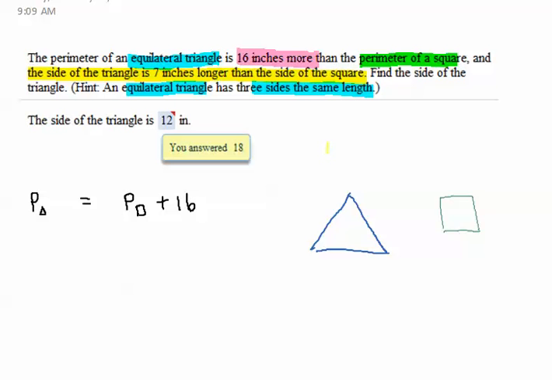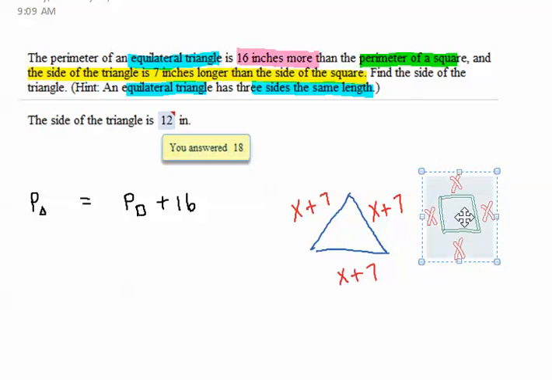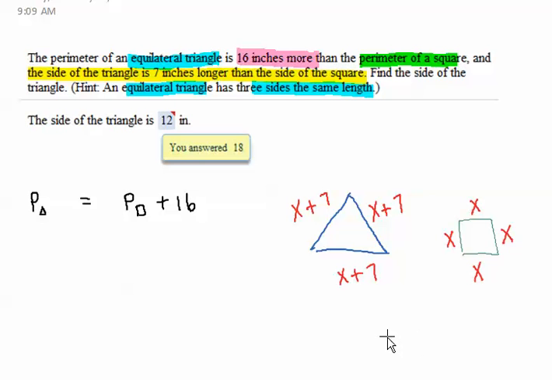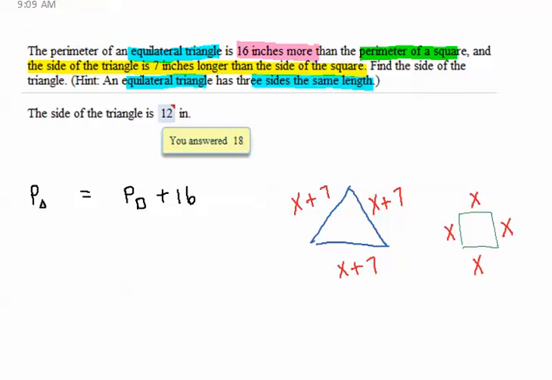You don't have to, but then I can go like this. I can label this x, and I usually like to label things by the smaller item, because then I label this one x plus 7. If I went the other way and labeled this one x, the side length of the triangle, then I'd have to label this x minus 7 for each side, and that gets messy. Does that make sense?